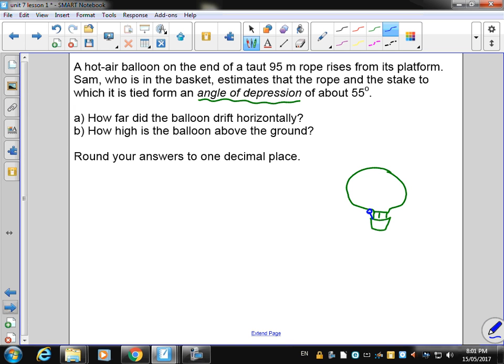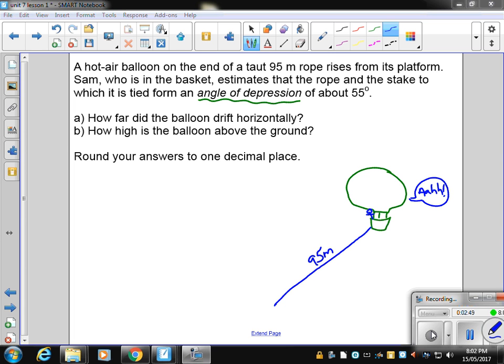Of course, Sam is afraid because it's such a crooked basket. It is tied to a taut 95-meter rope. It is 95 meters.